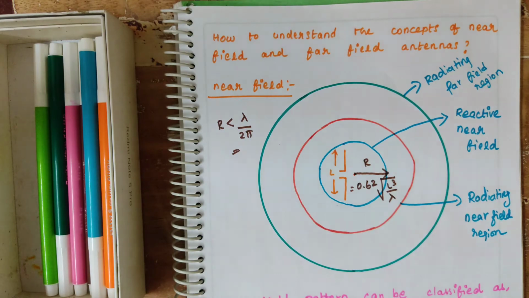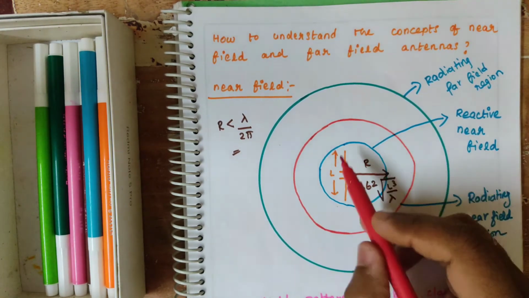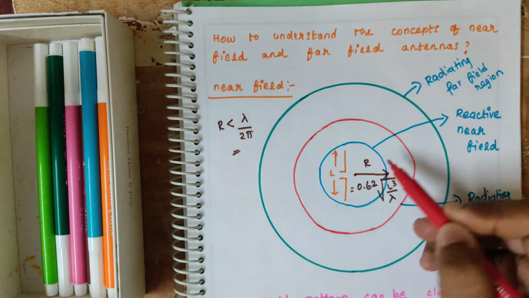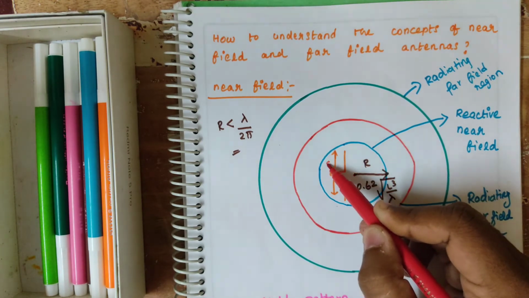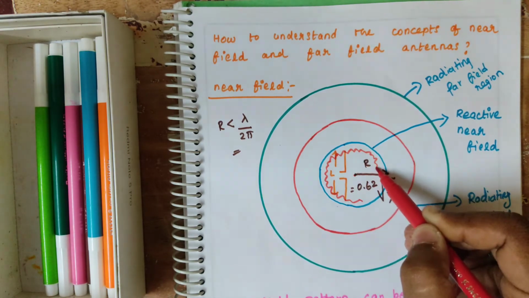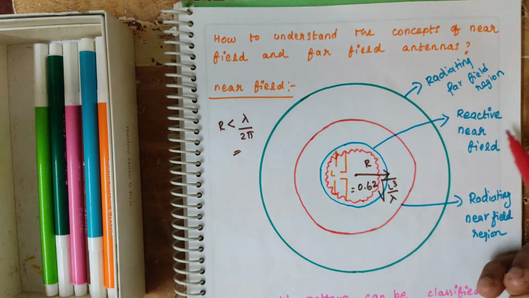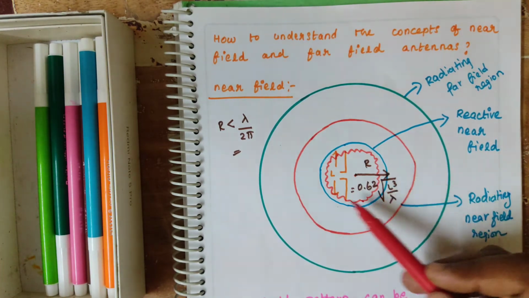Now I will draw the radiation from the center. In the reactive near field region, there is no formation of radiation, so the radiation will be like this.